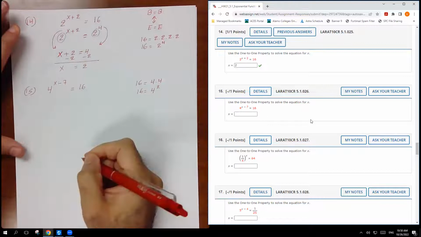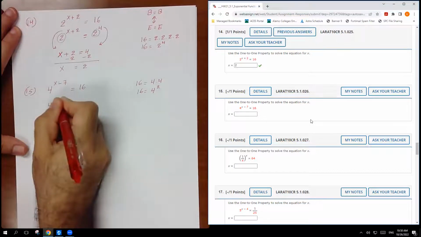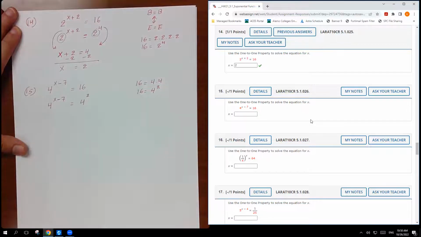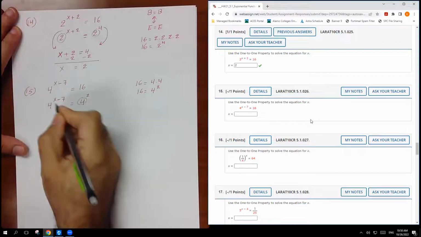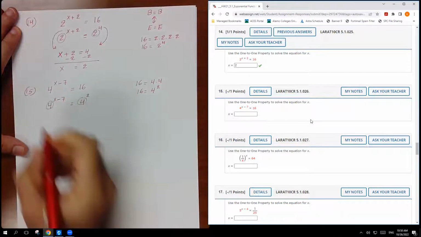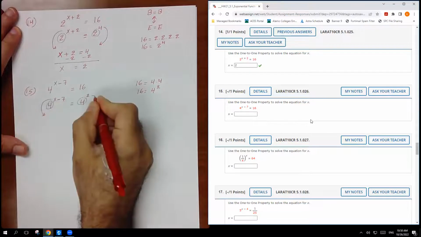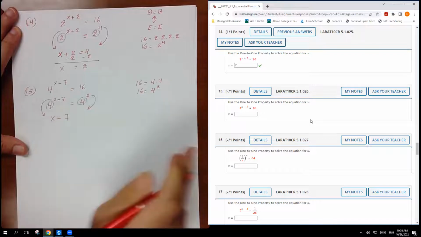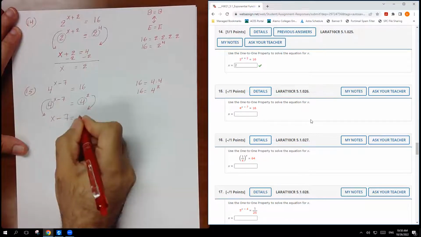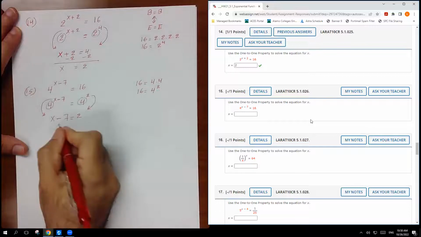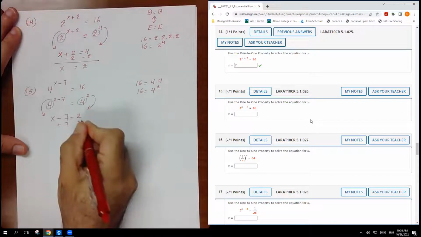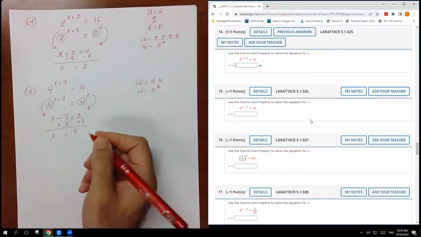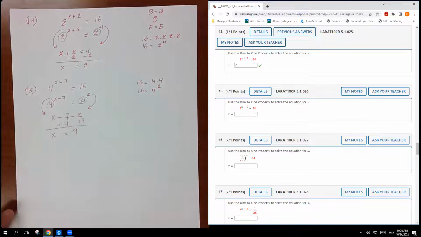So now 4 to the x minus 7 equal 4 squared. In this case, we have equal bases. That means equal exponents. So I'm going to write down the exponents from here and from here. That means x minus 7 equal 2. To solve this one, you're going to add 7 to both sides. So x is going to be equal to 2 plus 7, which is 9. That's it for this example. We're just going to type 9.